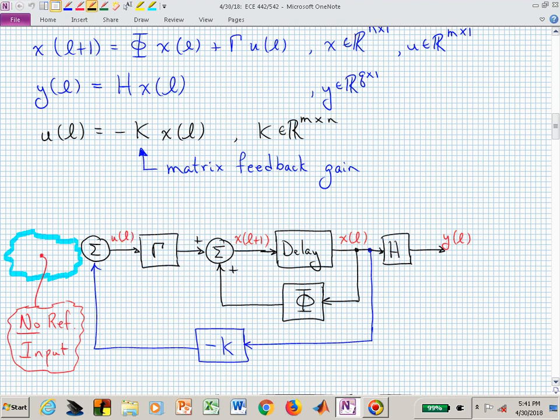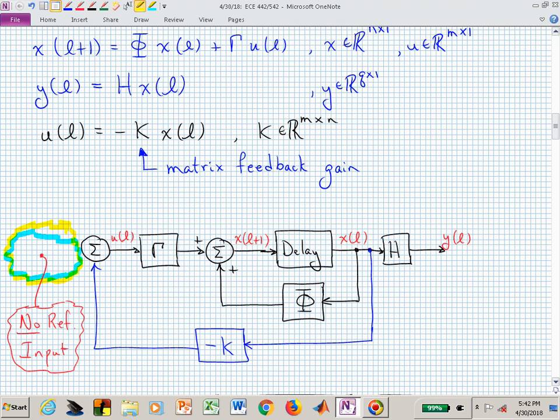I've tried to highlight it, it didn't show very well, but hopefully you can see that over here we're missing the reference input. There's nothing being injected to tell this system where to go. Right now we're just changing the behavior of that system through the gain matrix K. K just tells the system how to behave.